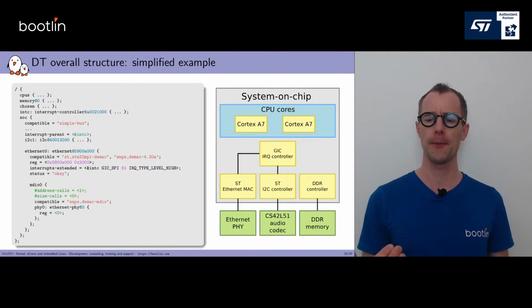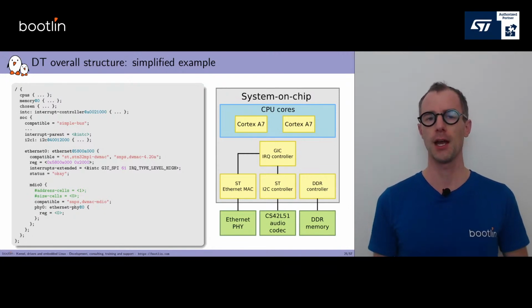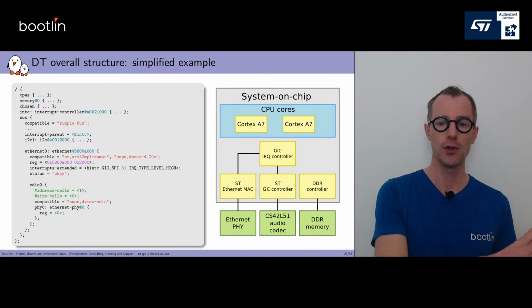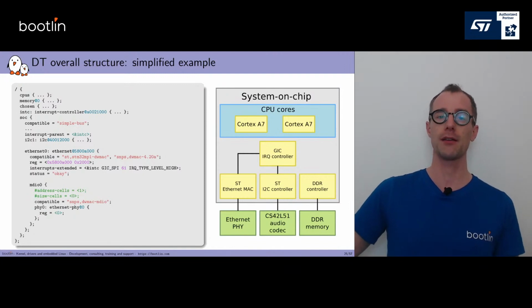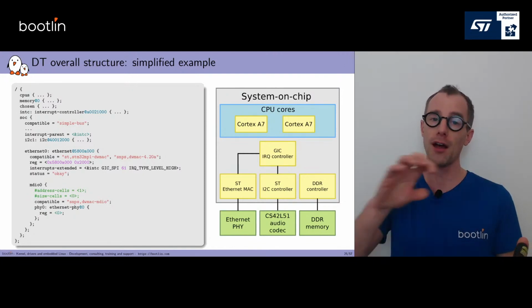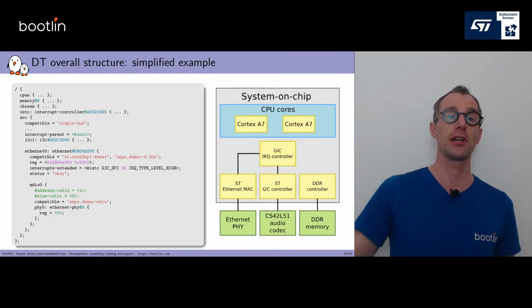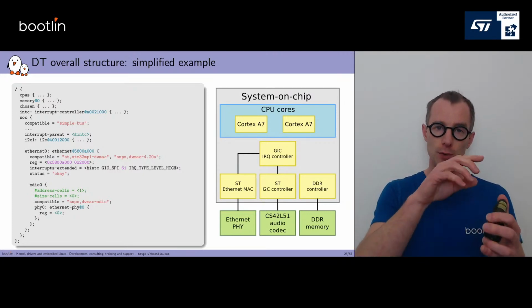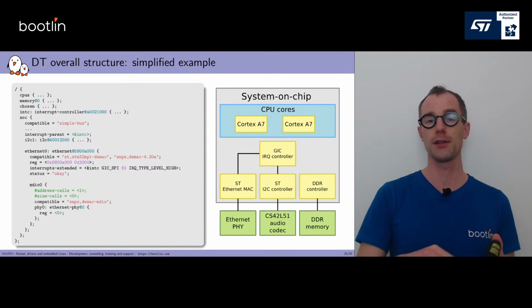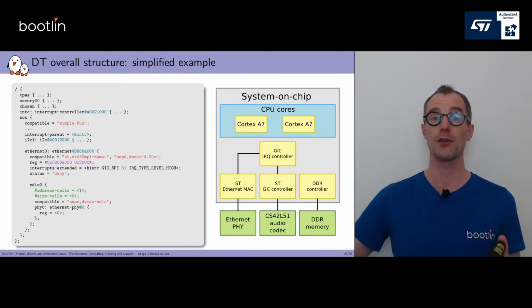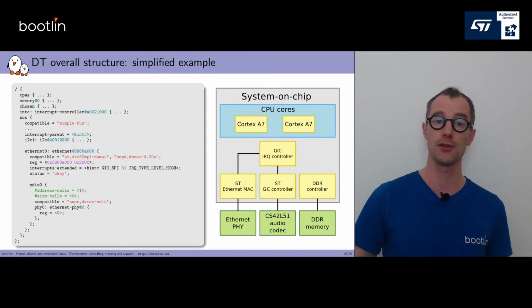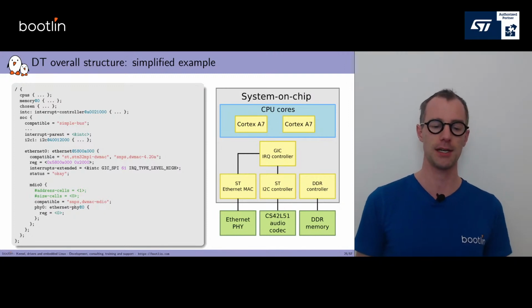MDIO is the kind of protocol bus used for the MAC to control and communicate with an Ethernet PHY. So this is not the data path where the actual Ethernet frames are going through, but it is really the control path that allows the Ethernet MAC to talk to and control the PHY, for example, detect if there is a link, what is the speed of the link, and things like that.